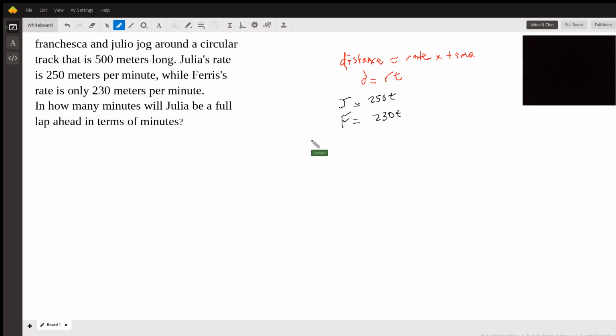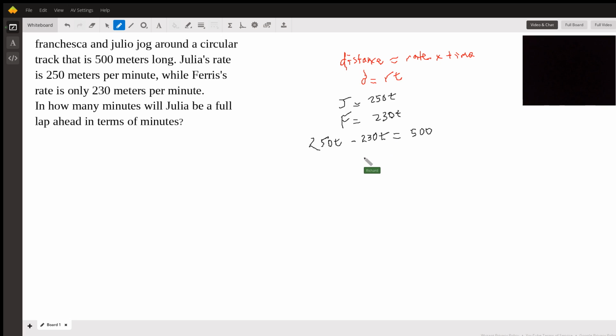So we just want to know, when is Julia's distance, which is 250 times t, minus Francesca's distance, 230 times t, equal to one full lap? And a full lap is 500 meters.